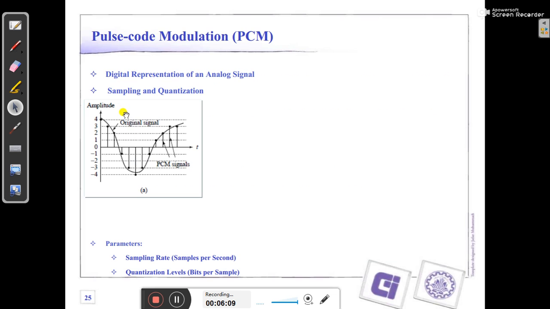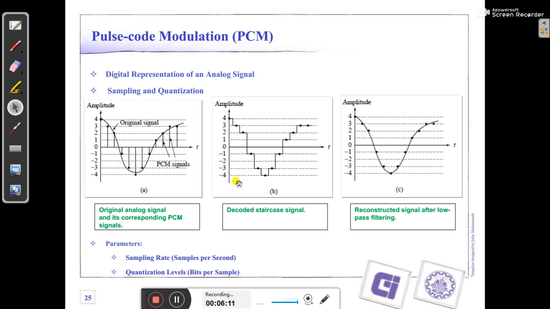This is the simple PCM process, or pulse code modulation process, a simple coding process where we represent the signal in digital form, and the process of quantization is actually reducing the information.